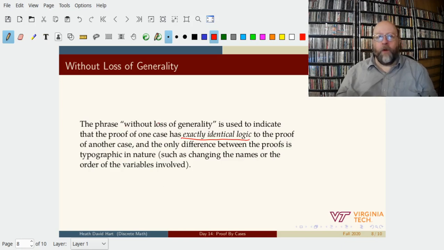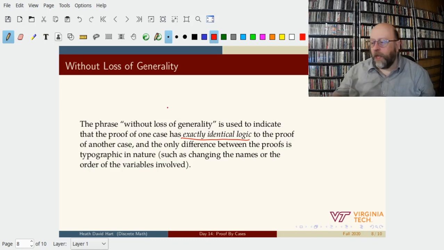We use the phrase "without loss of generality" to indicate that the proof of one case has exactly identical logic to the proof of another case. And the only difference between the proofs is of a typographical nature, like changing the order of two terms, or changing the names of a variable from y to x or from n to k or something like that, where it's a typographical difference, but it's not a logic difference.